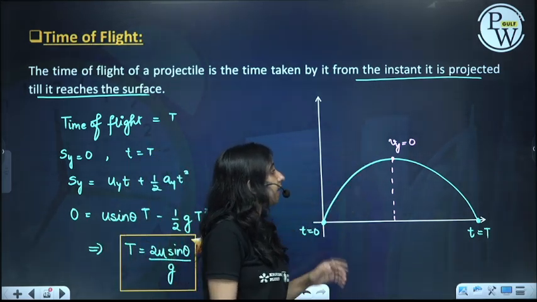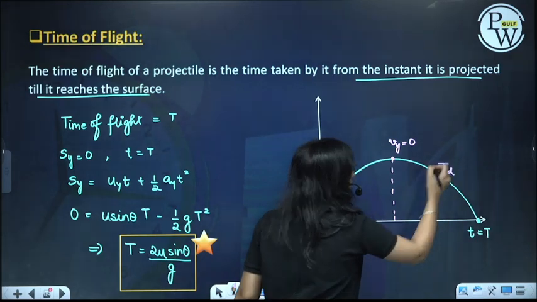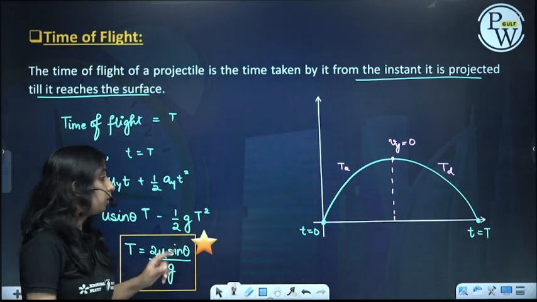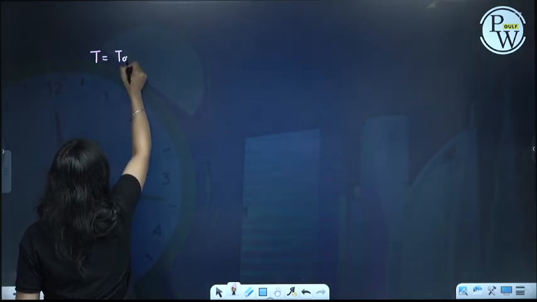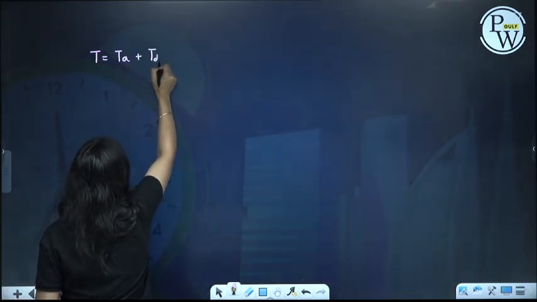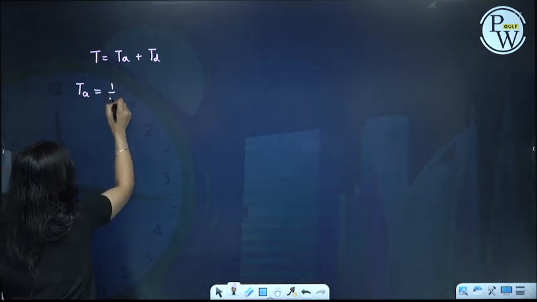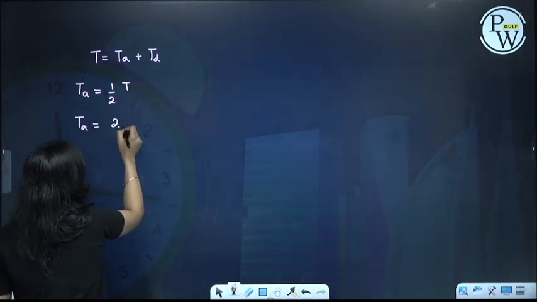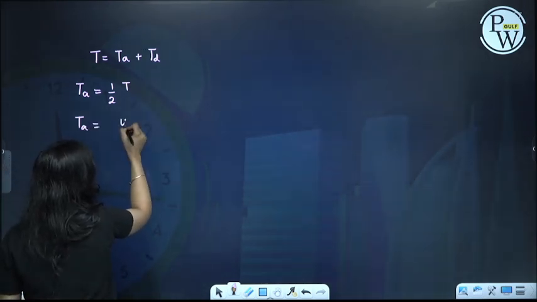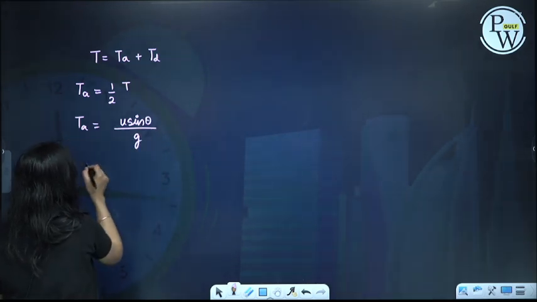So first the height is increasing, then the height is decreasing. The first time is called time of ascent, and the second time is called time of descent, and the total time is called the time of flight. So time of flight is equal to time of ascent plus time of descent. Time of ascent is exactly half the time of flight, which is 2u sine theta by g divided by 2, so it will be u sine theta by g.